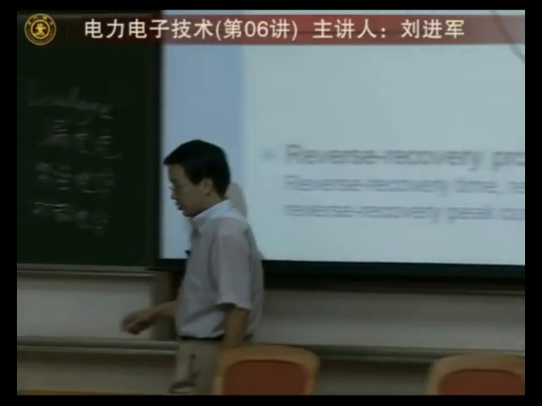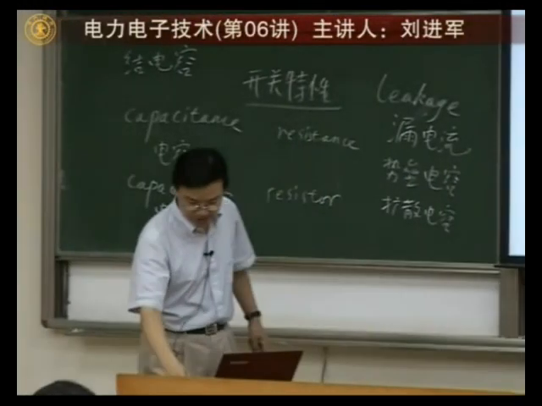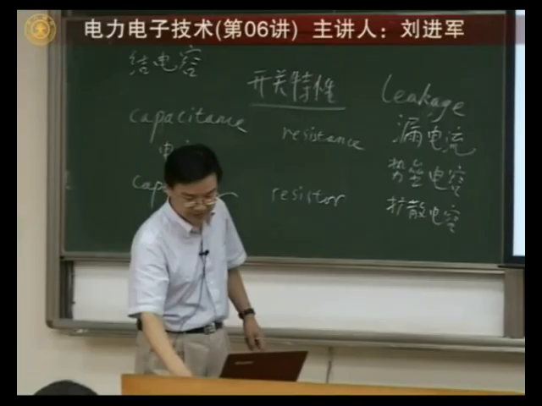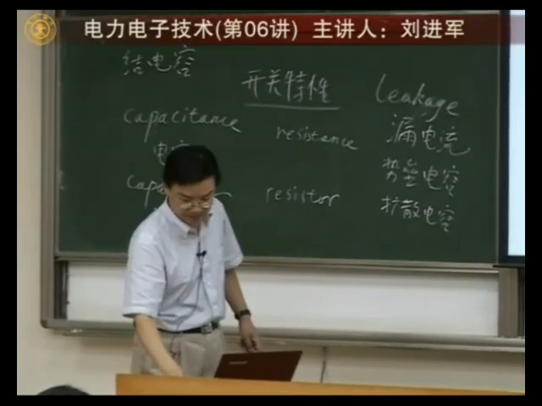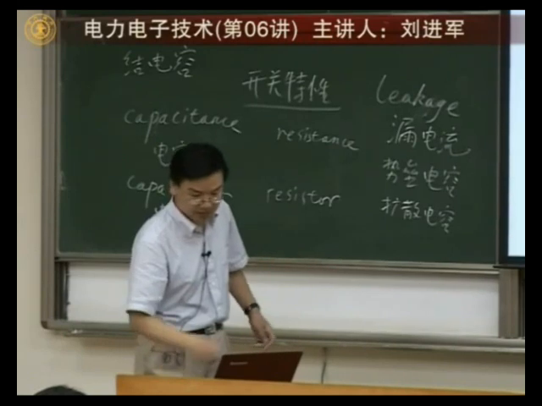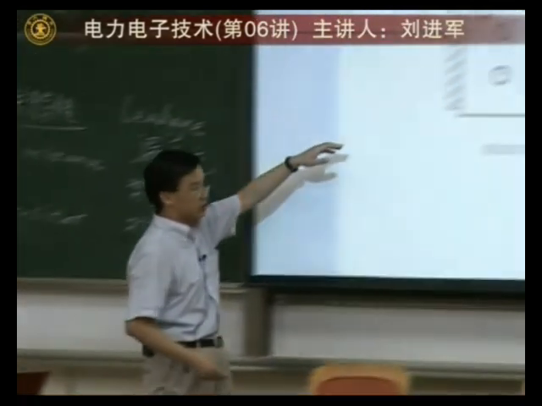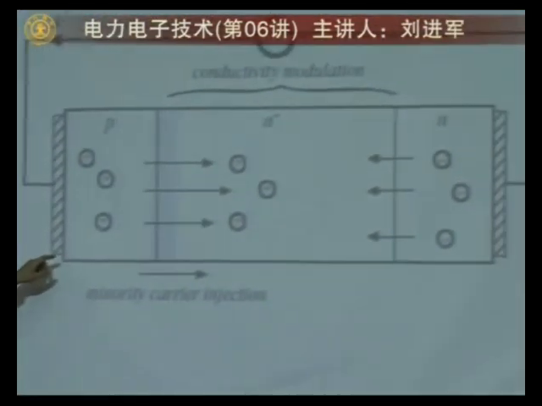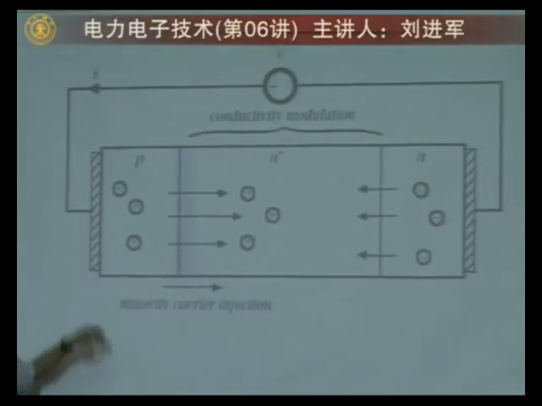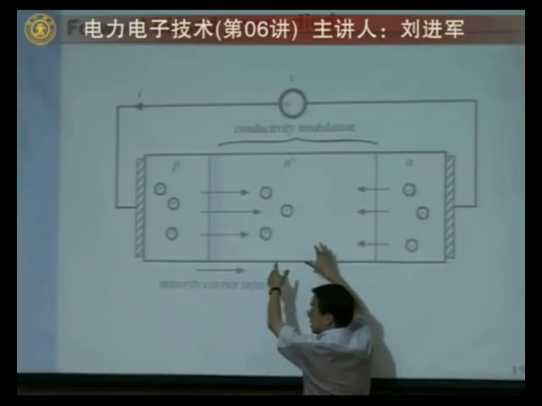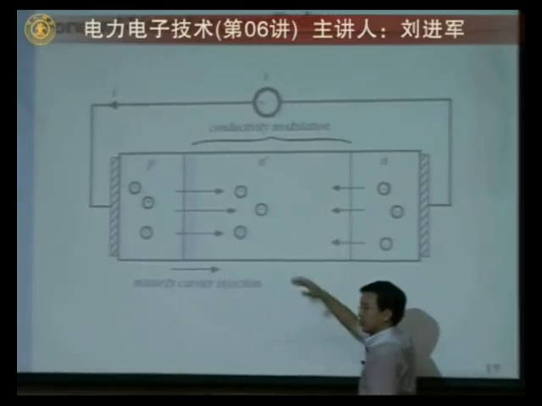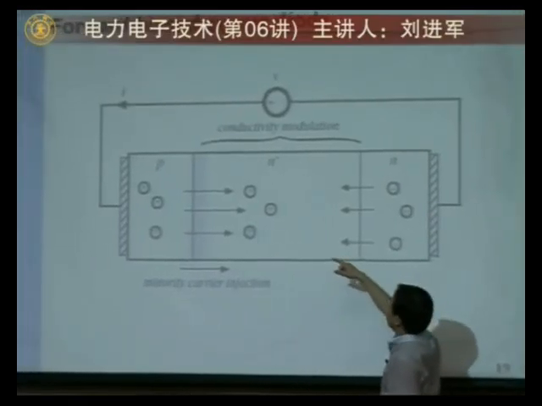Let me change back to this. This is the original current flow. When you apply forward voltage, you have a lot of carriers inside the intrinsic region, so there will be current flowing.